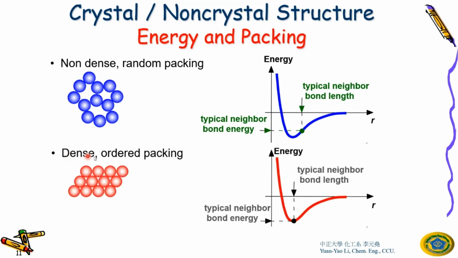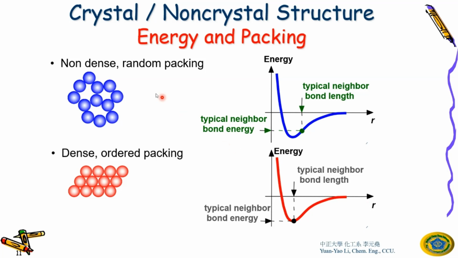However, for the dense, ordered packing, something like this. This is very dense, right? Compared to the density of these two materials, I'm sure you know that this one has a higher density compared to this one. So if this is packed very well, the energy will be the lowest, which is very stable. So this is the typical neighbor bond length, and this is the typical neighbor bond energy here.